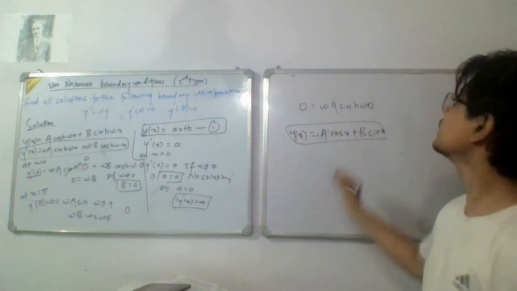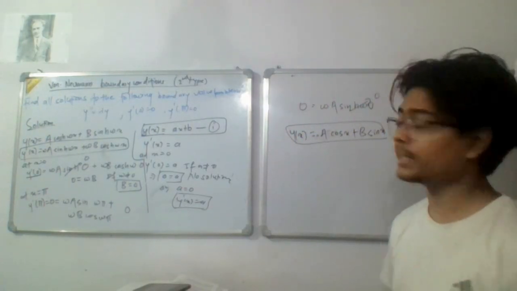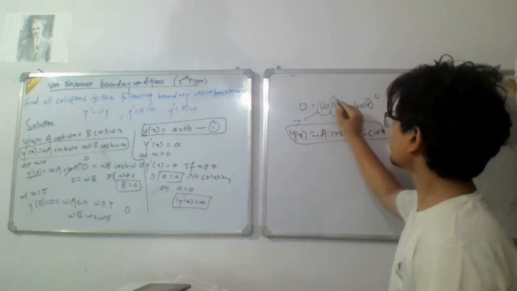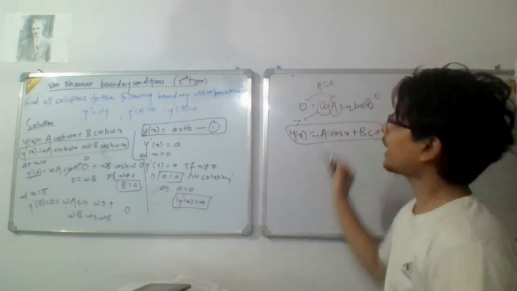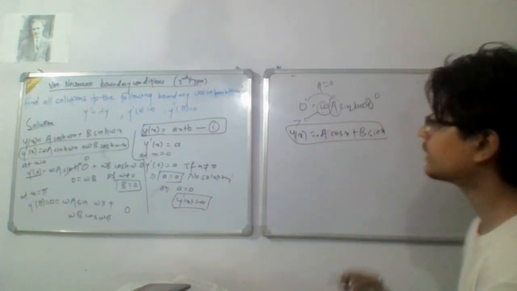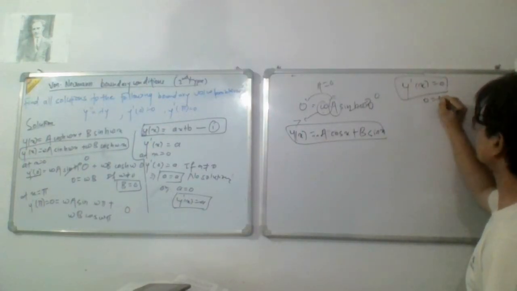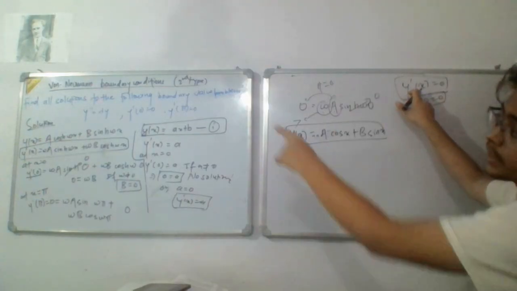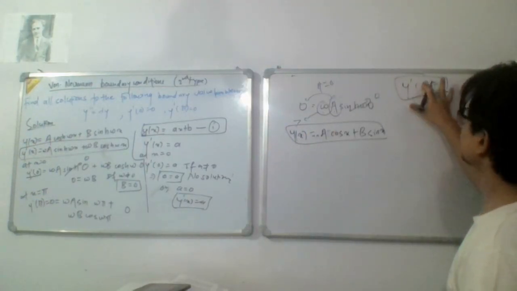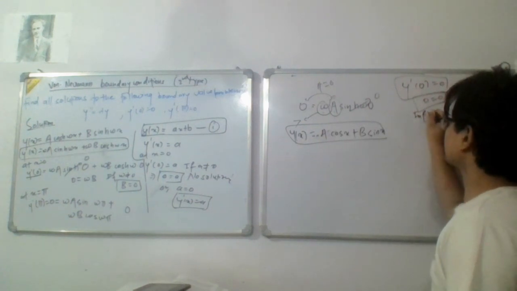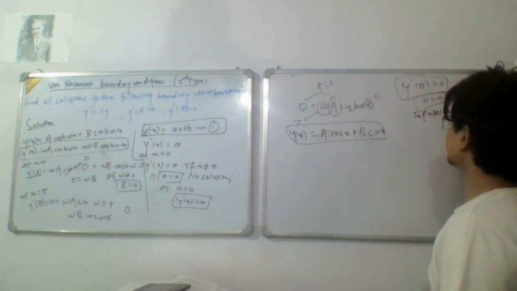It means this whole thing is 0, but it doesn't mean that omega and sinh are 0, because we have already said omega is greater than 0, so a must be 0. If we substitute this value, we get y'(x) equals 0. So 0 equals 0, because the boundary has already given 0. That means 0 equals 0, which means infinitely many solutions.